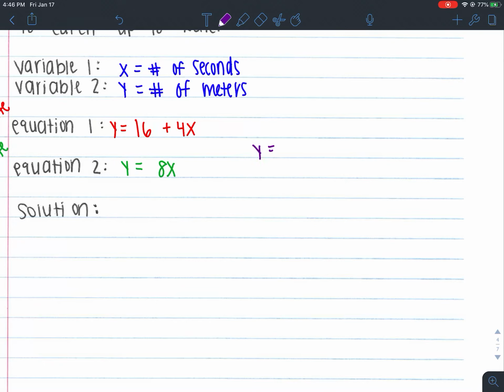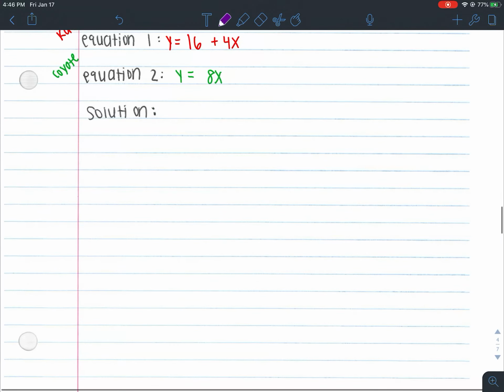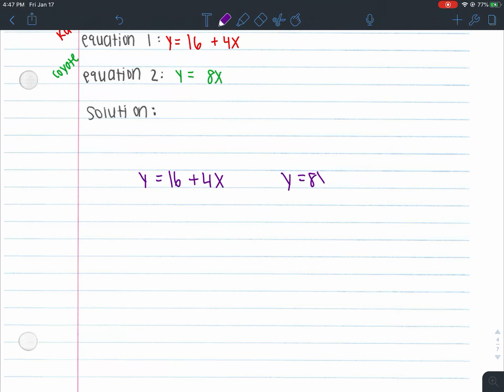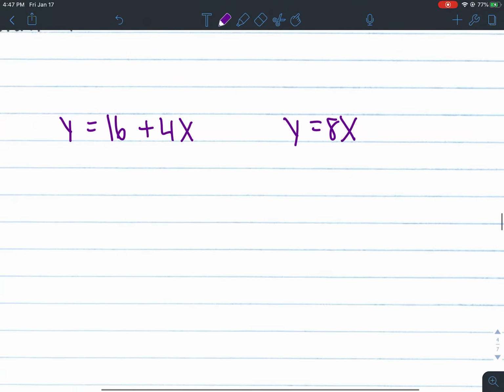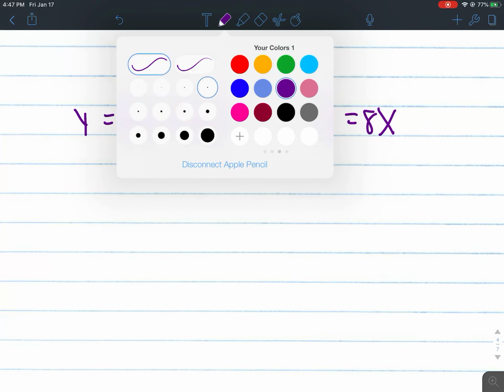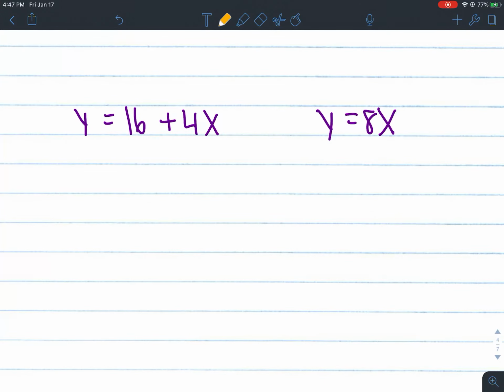Okay, now that I have my two equations and my two variables done, I can solve using substitution. I'm going to copy these down at the bottom here, because we've got a lot of room. y equals 16 plus 4x, and y equals 8x. Now I've got to use substitution, but both of these already have a variable by themselves, so it doesn't matter.